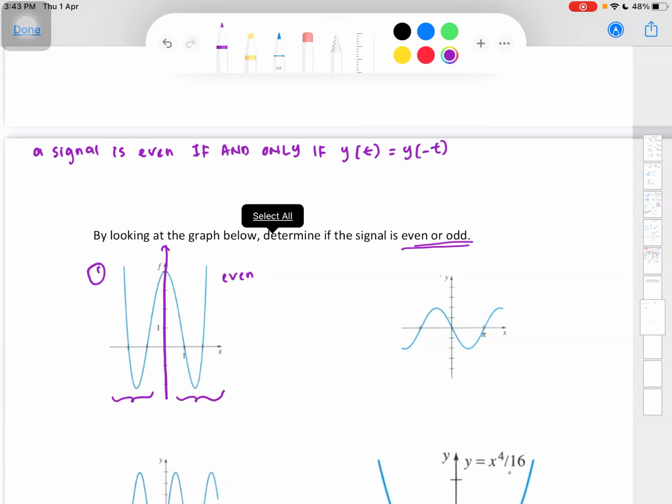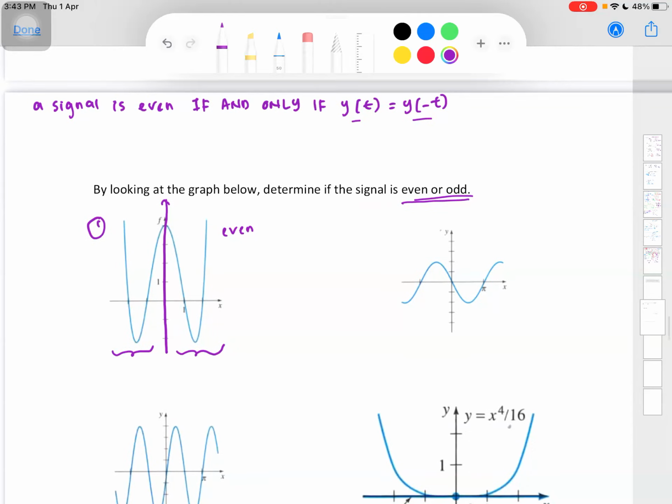It means the same value of signal, the same amplitude, occurs at a positive time and at the negative time. Now let's have a look. Let's say this is 1 over 2 and the same point at minus 1 over 2. So they are at the same time, except that this one is positive and this one is negative.